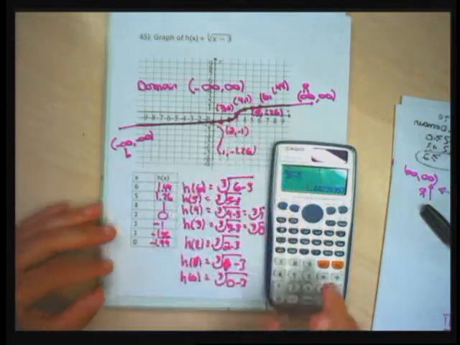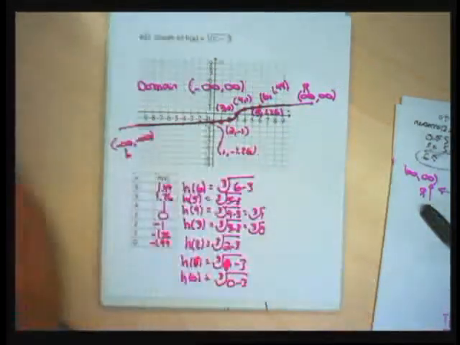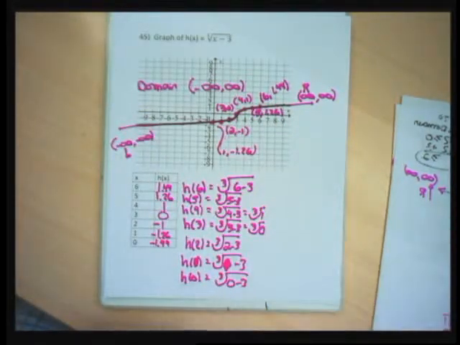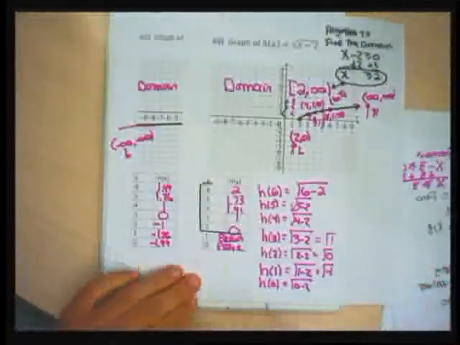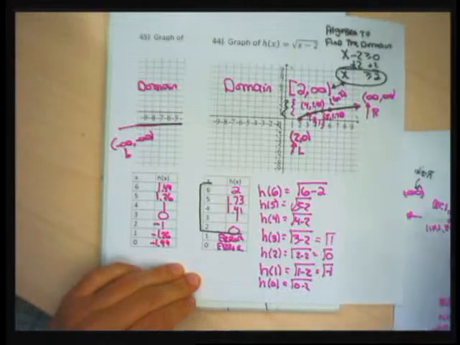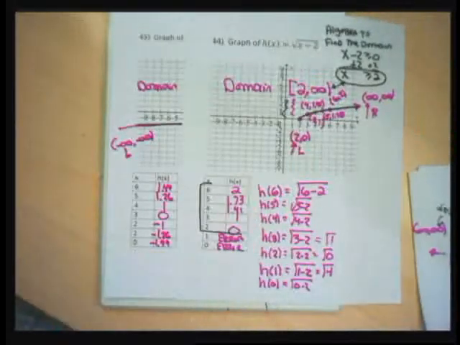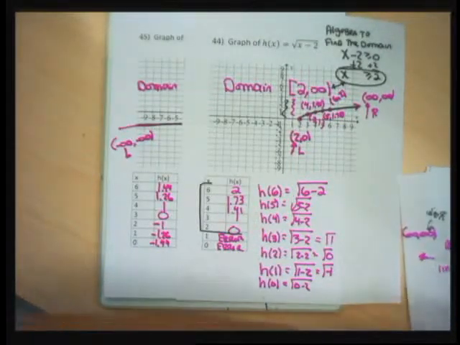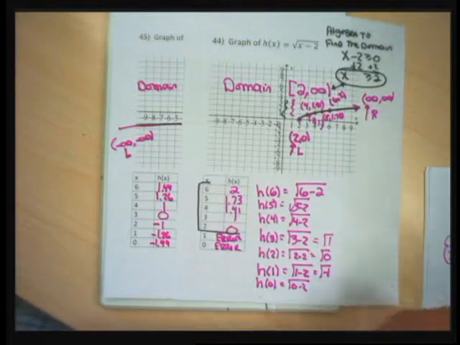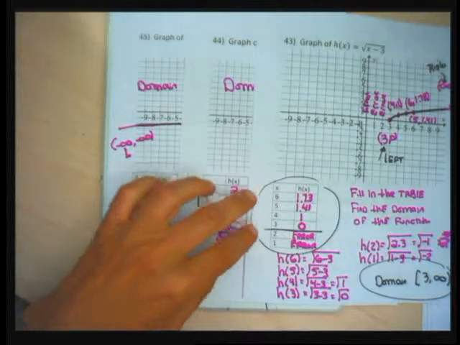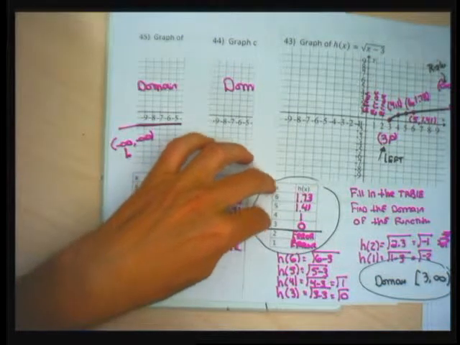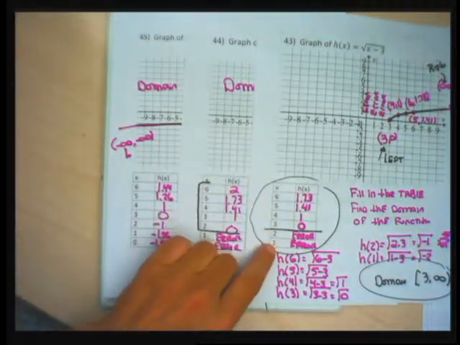So from the table, you should be able to see that the table is very different from the square root problems I did in problem 43 and problem 44. If you look at 43, the domain was 3 to infinity because after 3 I started getting errors.